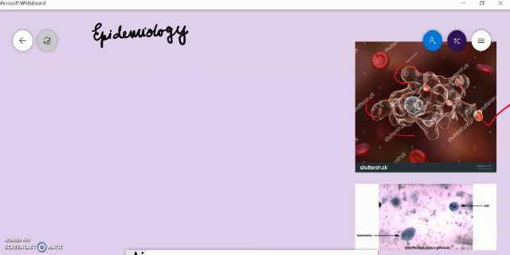The first point in epidemiology is that it is distributed worldwide, and this is your third most common parasitic death. Have you ever thought that it is the third most common parasitic death? People do not take amoebic dysentery seriously. They even have some discomfort, but they don't take medication. So see the consequence, right?